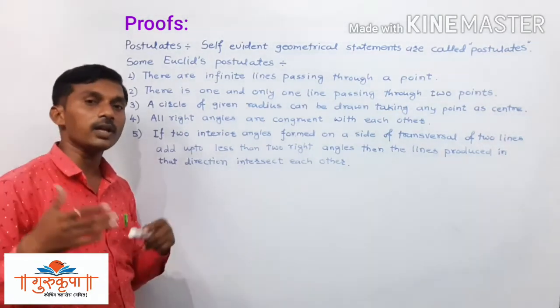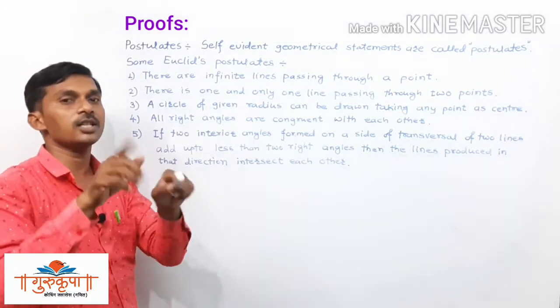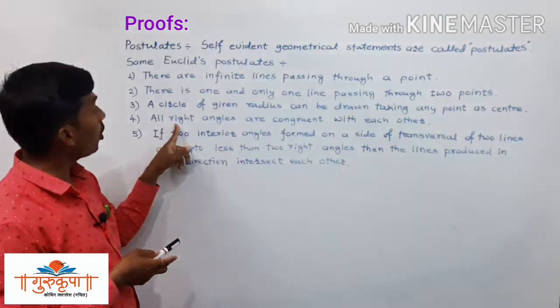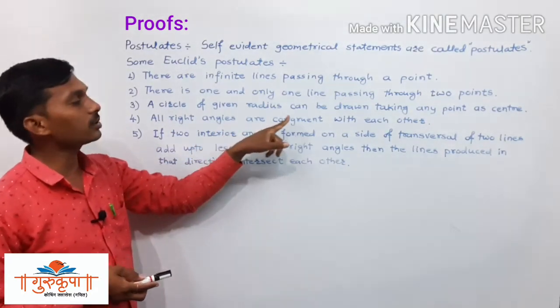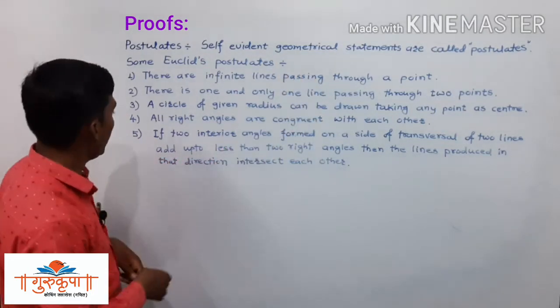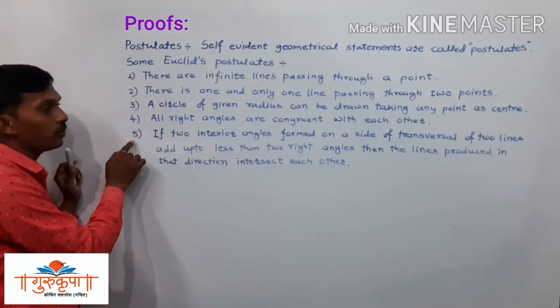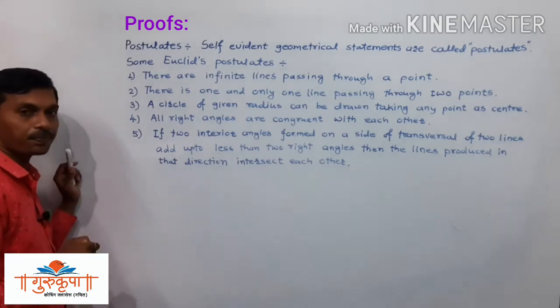We know that two angles are congruent if their measurements are equal, and here it is given that all right angles, meaning having measurement 90 degrees, are congruent with each other. And this is the most important postulate, the fifth postulate.